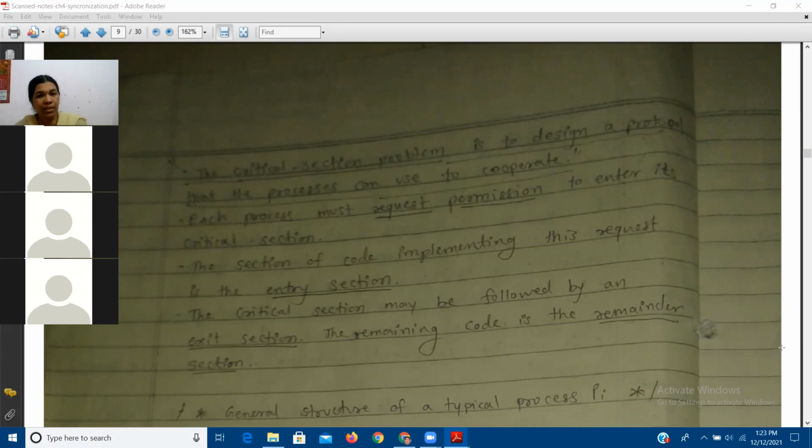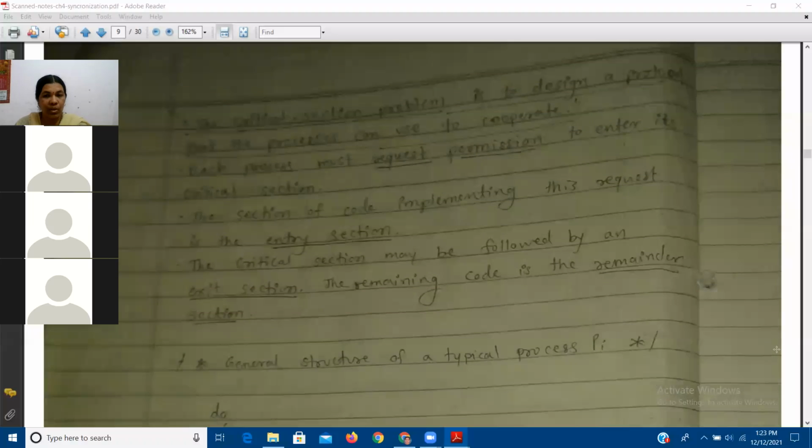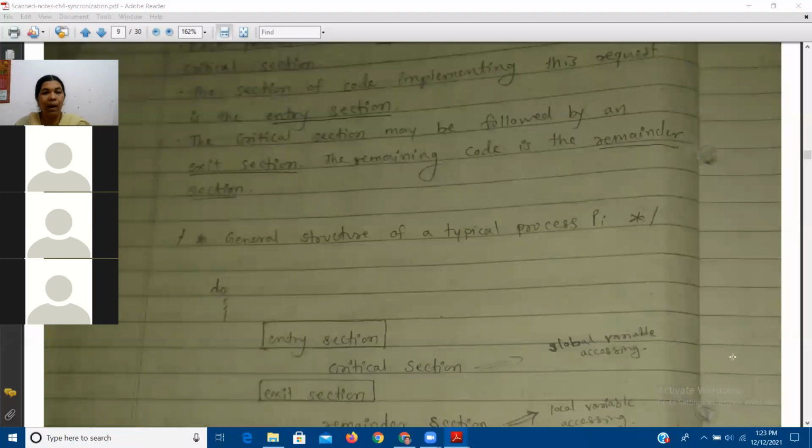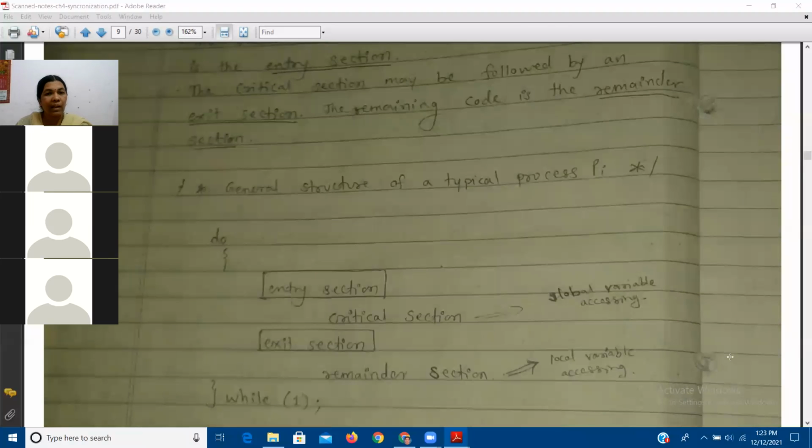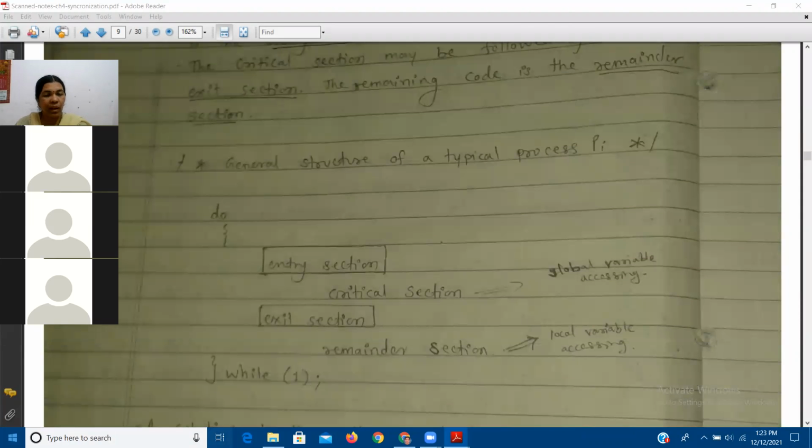So actually two main sections are there, one is critical and another is remainder. In critical, common resources are utilized, and in remainder, local resources are utilized. So I'm using two words, common or global. Global resources are used within the critical section, and global or local resources are utilized in the remainder section.